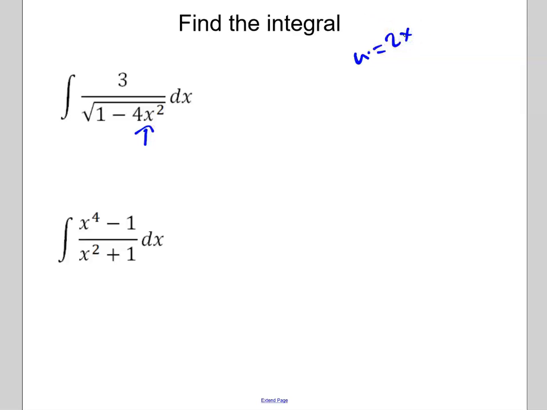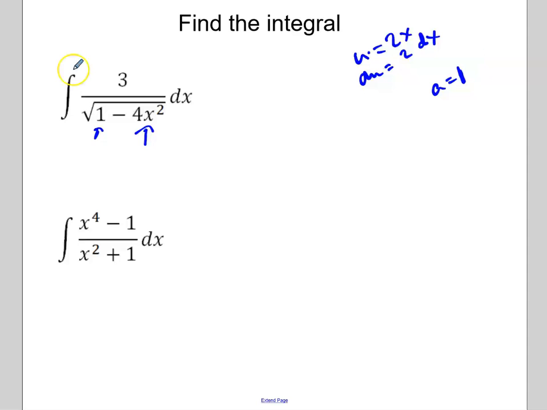Okay, so make sure that you take that constant in with it. Okay, that's going to make your du a 2dx. Okay, now one thing that when we're doing the u substitution we haven't had to do before, but we are going to want to do with these inverse trig function rules, is also pay attention to what the a is going to be. This number right here is your a squared. So the a is going to equal 1.